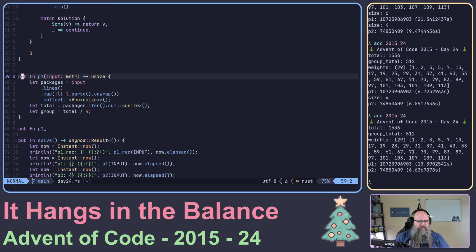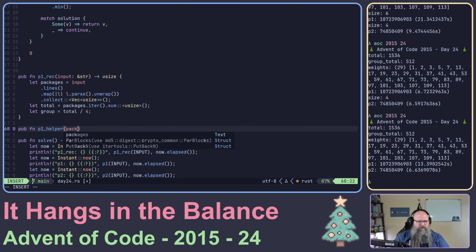Oops, I want to call this one P1 recursive. So this is the QE, which is a U size, and the weight, which is a U size.